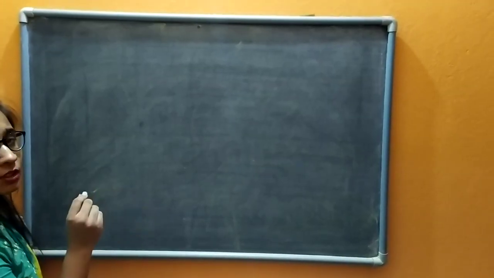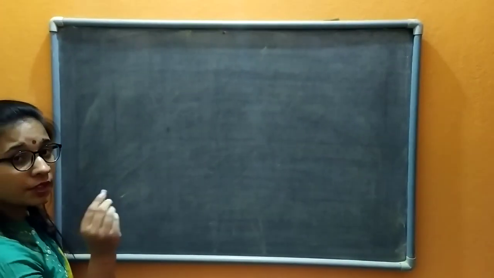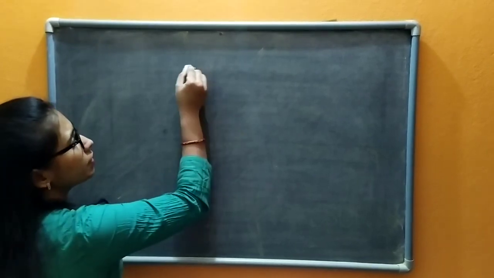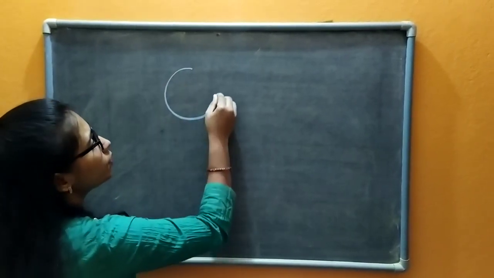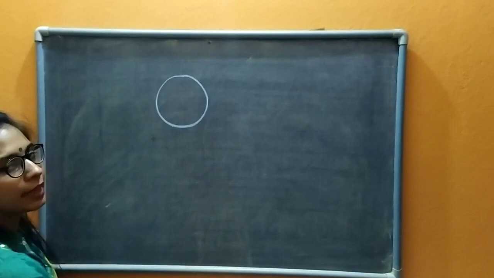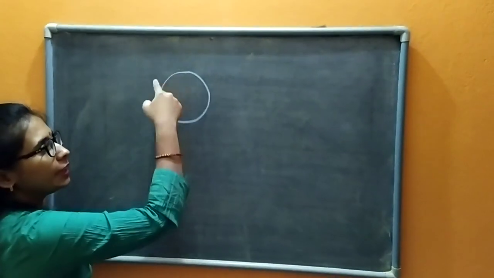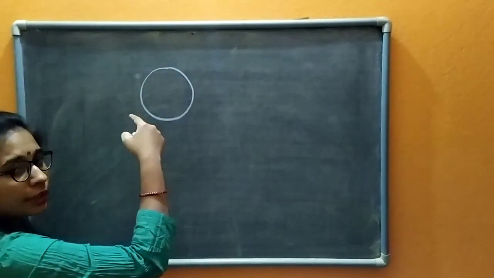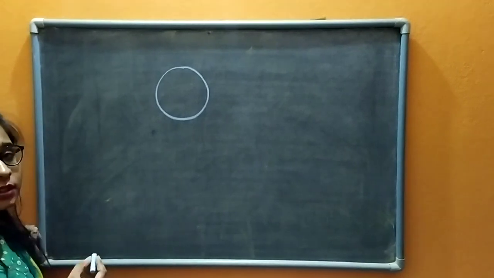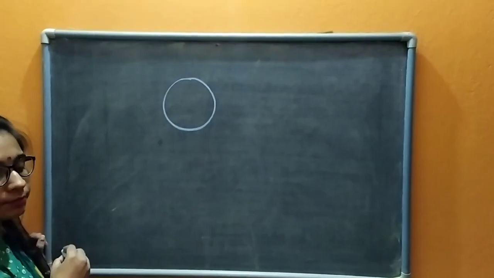Our next picture is a bird with circle. So first of all you have to draw a circle like this. सबसे पहले आपको एक सर्कल बनाना है for the head of a bird.